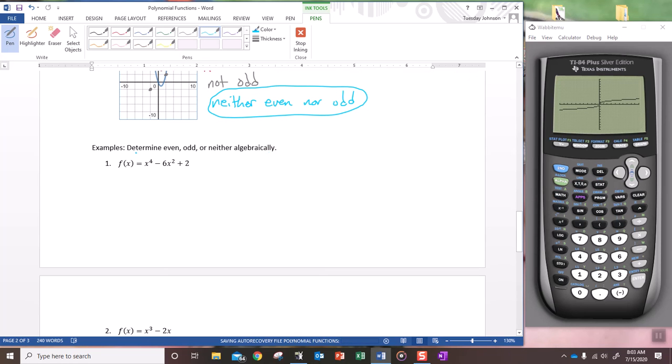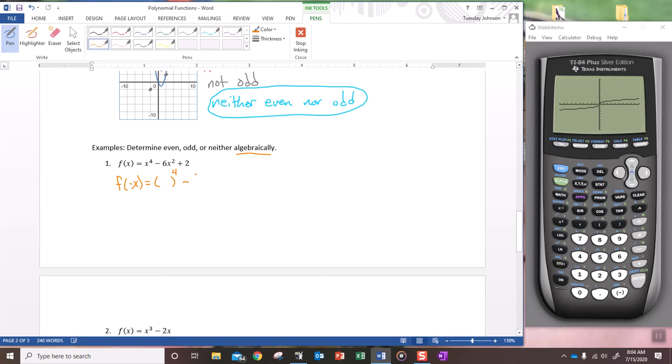So to determine algebraically whether the function is even, odd, or neither, we can use our cheater's rule, and we see to the power of 4, to the power of 2, and a constant. I'm going to guess right away that this one's even. But in order to show it, when a method is asked for, we're going to input -x.